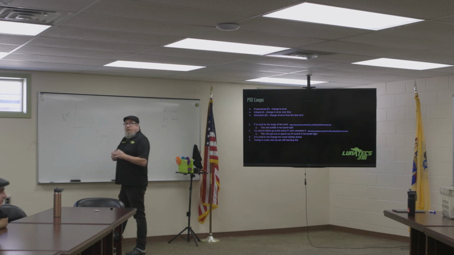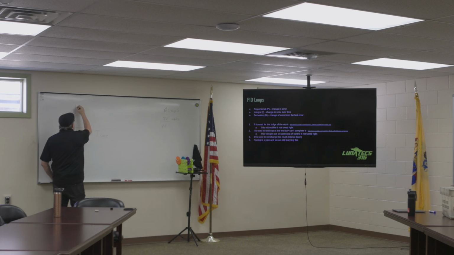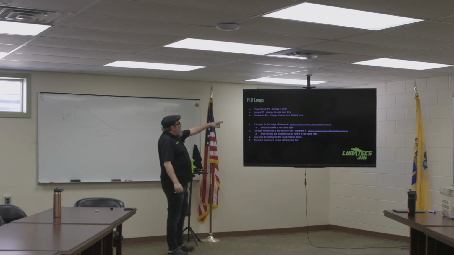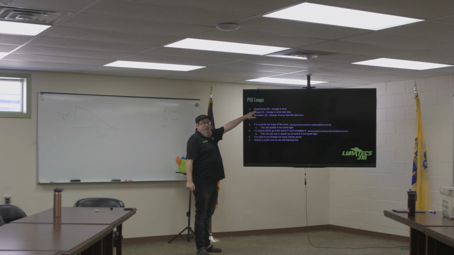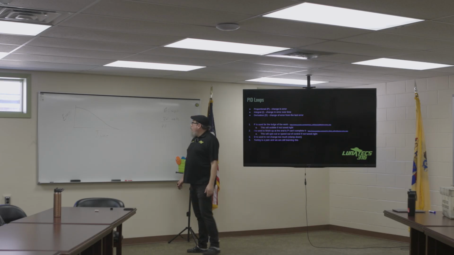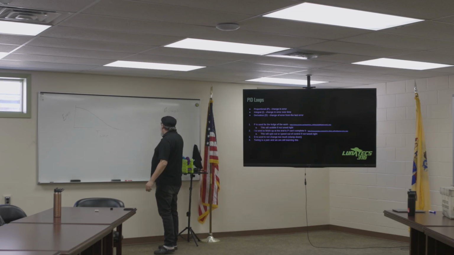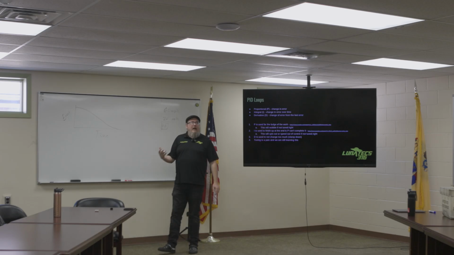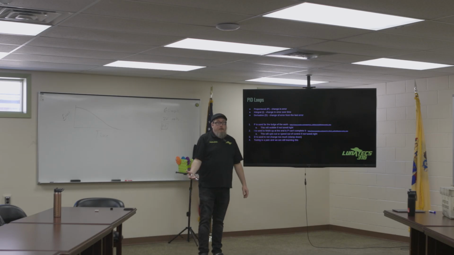So if I'm in my cruise control, and the car accelerates and then slows down, what happens to error over time? It gets smaller. Right. And the way we do this is by using proportional. It's our first part of a PID loop. So what we say is we take our error and we multiply that by a number.